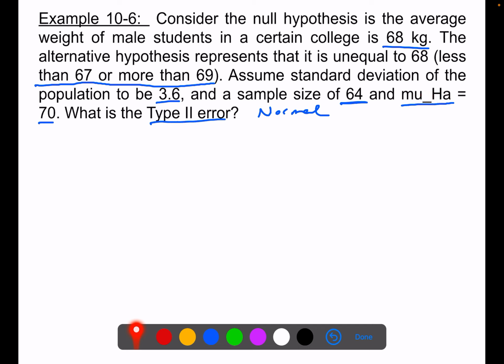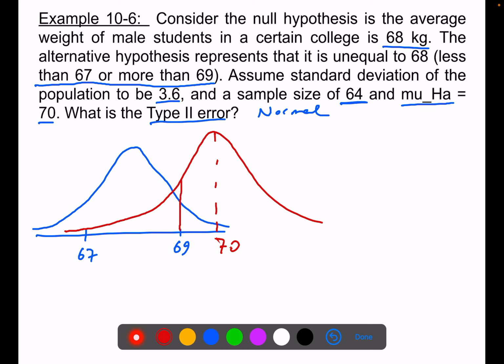So this is 70. What we are interested in is the area under the red curve. So this is beta, right? Once we draw these two curves, the rest is super easy. The rest is chapter 4 material.